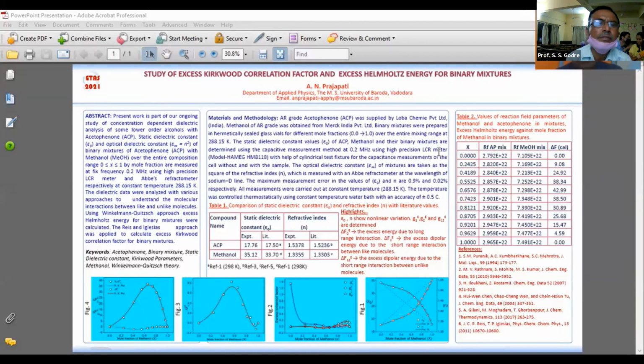Figure 1 shows nonlinear behavior of the static dielectric constant and the refractive index values, which indicates possible molecular interaction between the participating components. Figure 2 shows the values of excess Kirkwood parameters.